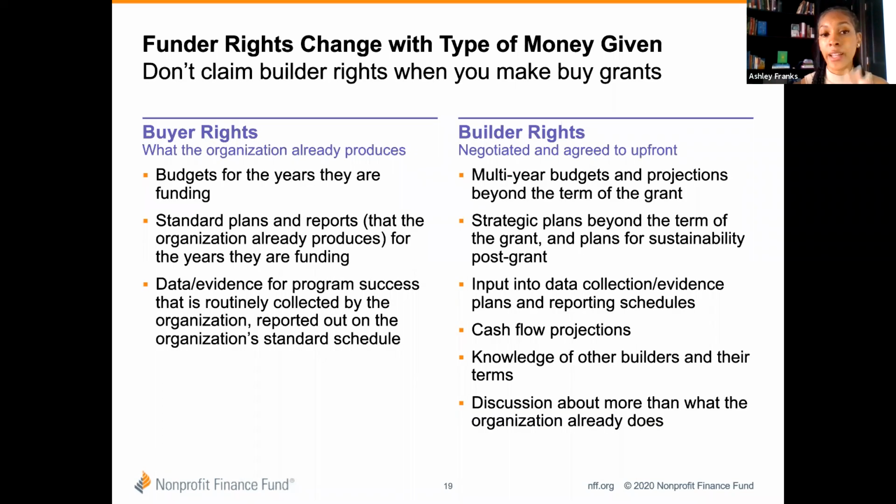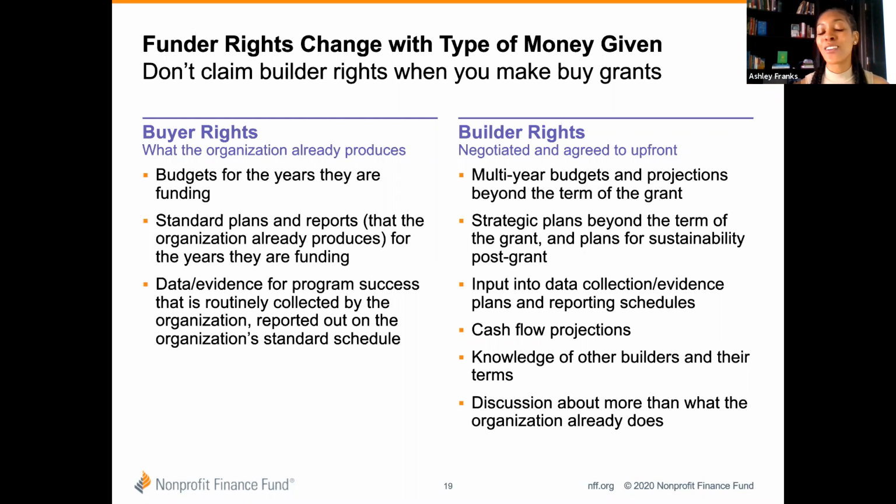Just quickly, before I get some reflections from you all, funders are entitled to different rights based on the kind of funding they're providing. If a funder is a buyer of the services an organization already produces, meaning they're not paying for change or transformation, they're entitled to budgets for the years they're funding only. They're entitled to standard reports that the organization is already producing for the years they're funding only.